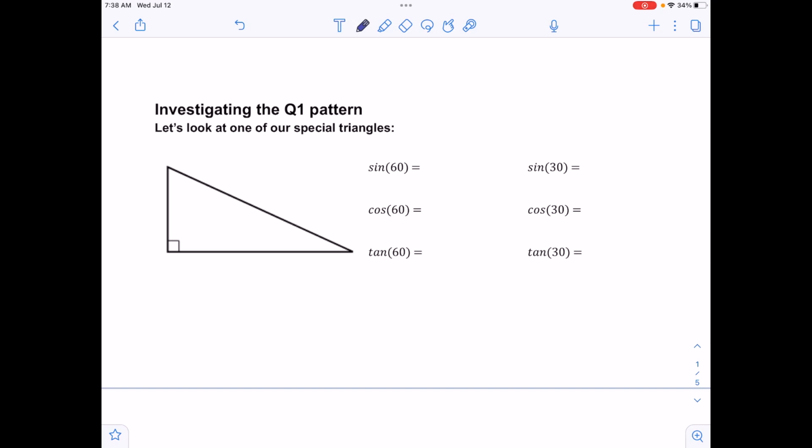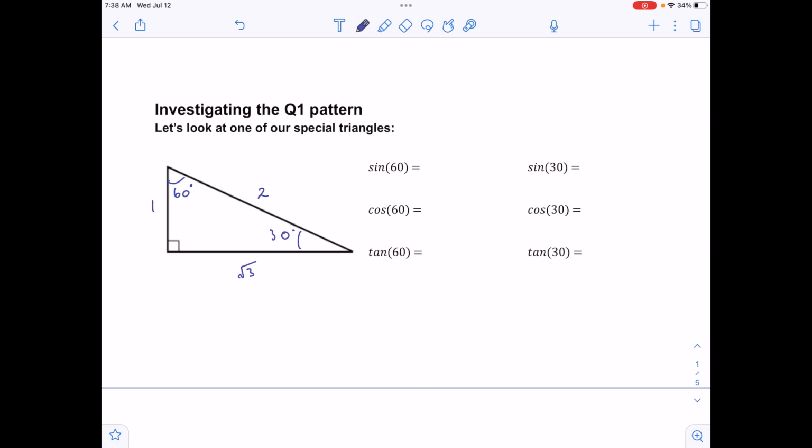So we're going to look at our first special triangle here, our 30, 60, 90 triangle, and we can fill in the blanks here for all of our sides. 30 is the smallest degree, it's across from the smallest number, 2 is the hypotenuse, and then root 3 is what's left. And I'm just going to fill in these ratios here.